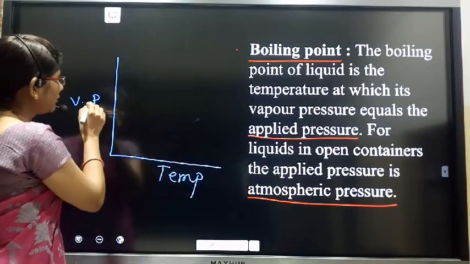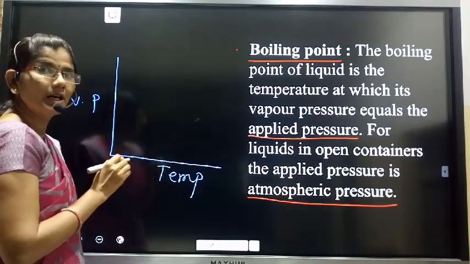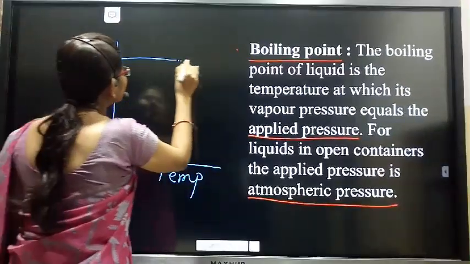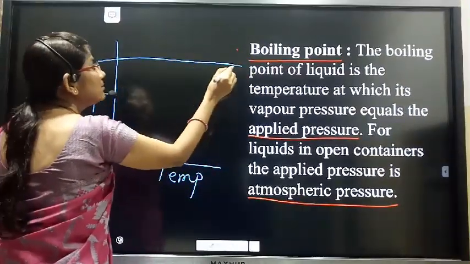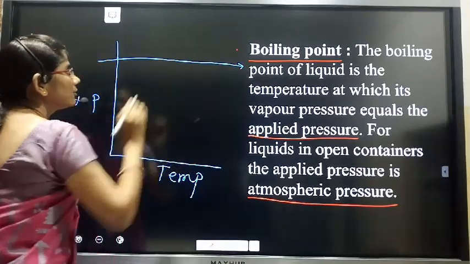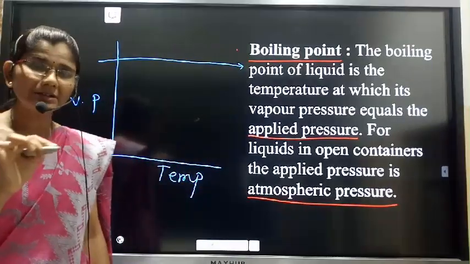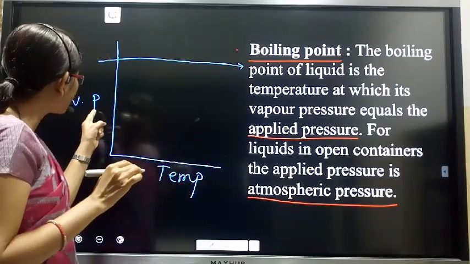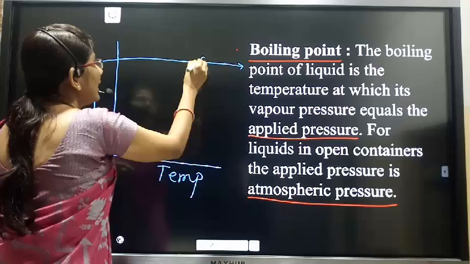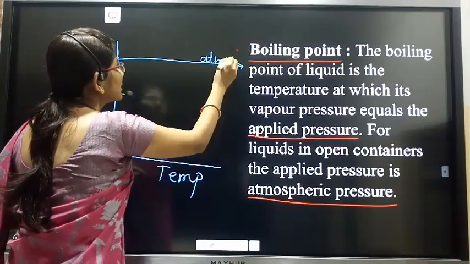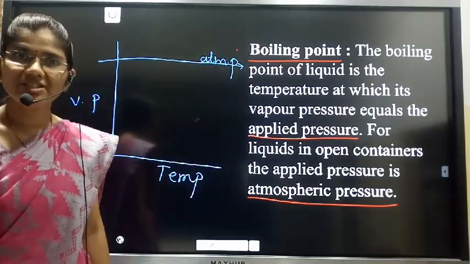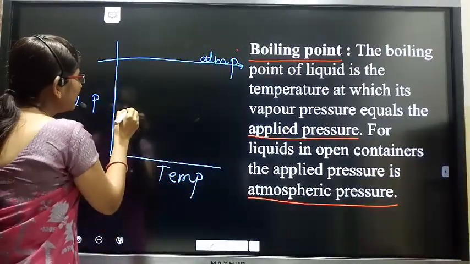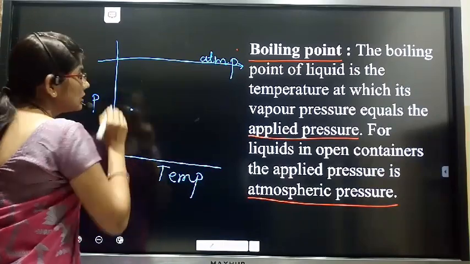Therefore for that we consider the vapor pressure temperature graph, and this is the pressure, called the atmospheric pressure. So this is the line of atmospheric pressure. Why? Because any liquid starts boiling when its vapor pressure matches the atmospheric pressure. So here we have one point for a solvent.